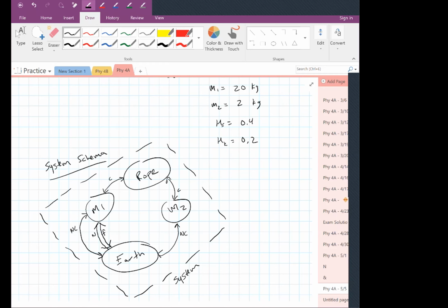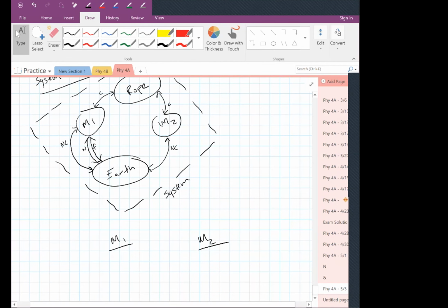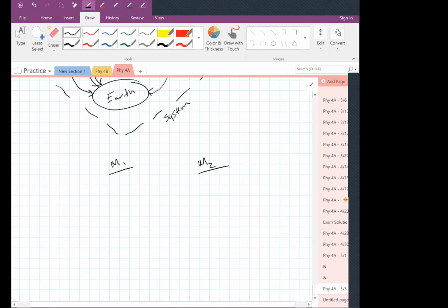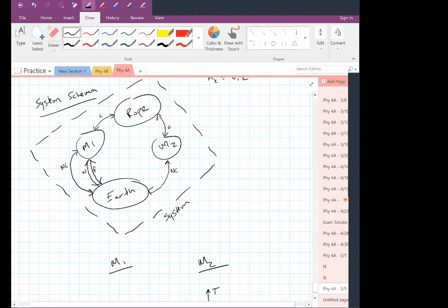Okay, so right now, this might help us draw our free body diagrams, but it's really most important when we get to energy. So let's draw free body diagrams for M1 and M2. I'll do the easy one for you while you're doing the hard one. M2. I have two forces acting on M2. And if I look at my system schema, what do I see?